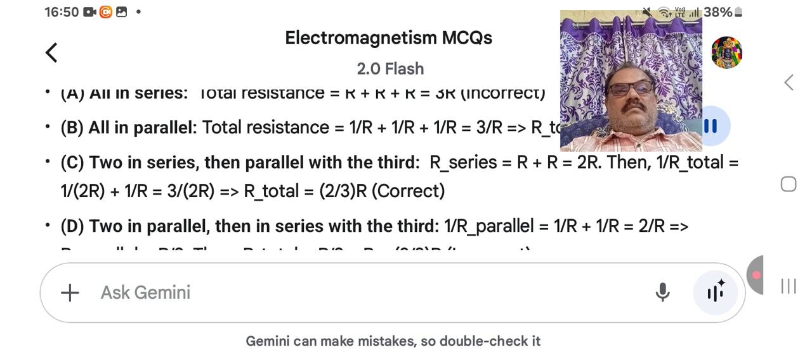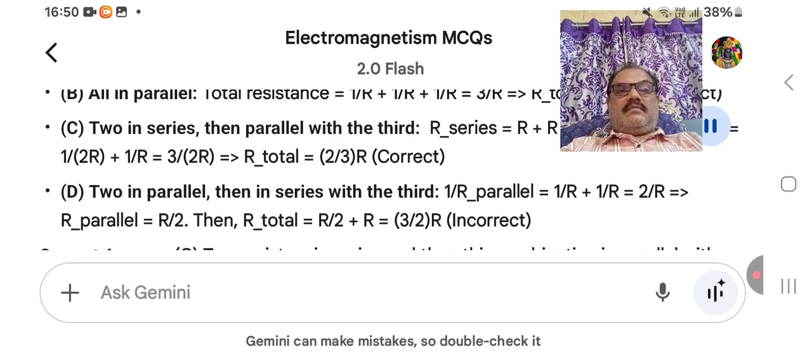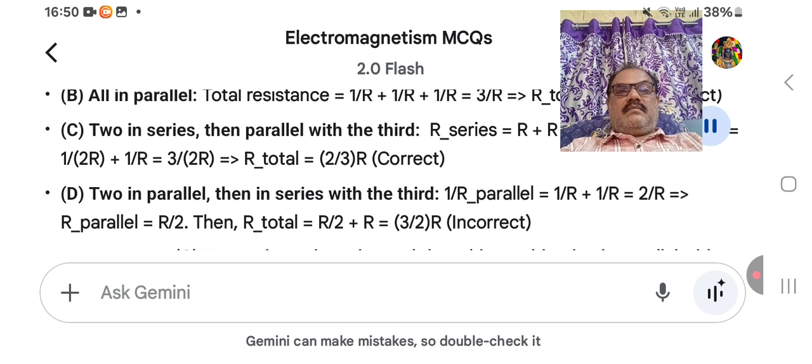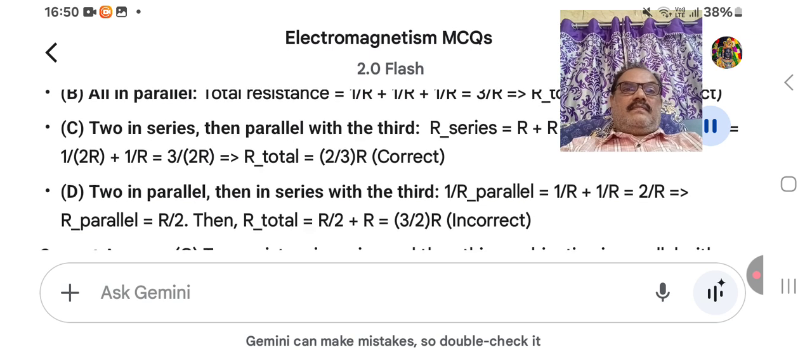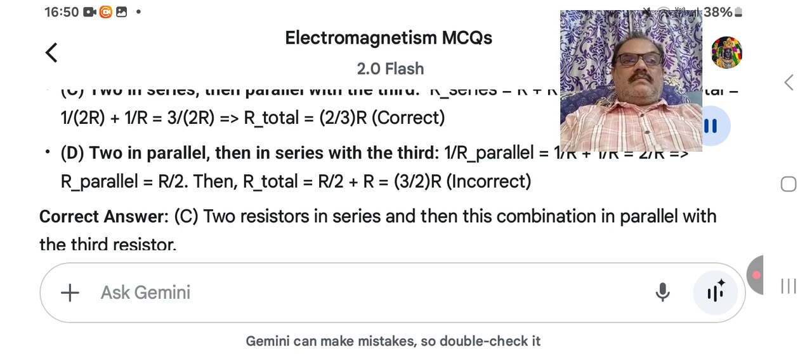D. Two in parallel then in series with the third. 1/R parallel equals 1/R plus 1/R equals 2/R, so R parallel equals R/2. Then R total equals R/2 plus R equals 3/2 R. Incorrect. Correct answer C. Two resistors in series and then this combination in parallel with the third resistor.